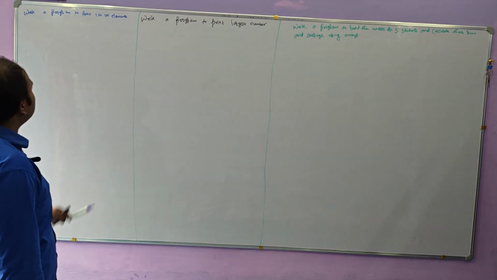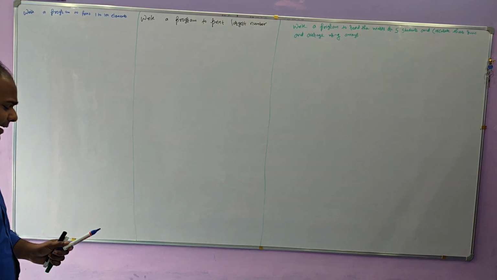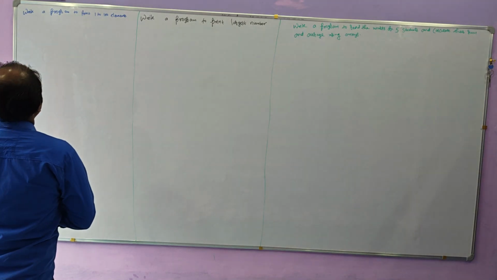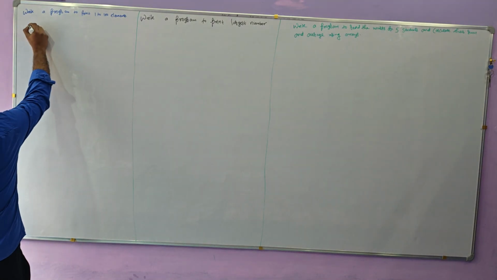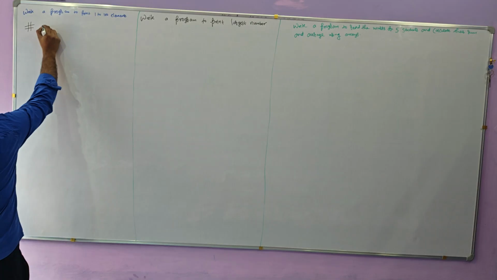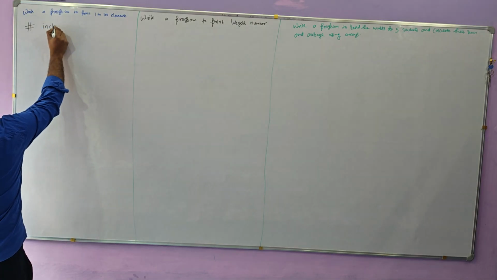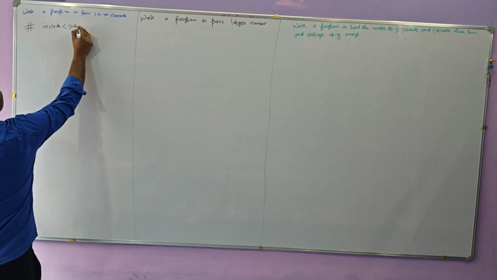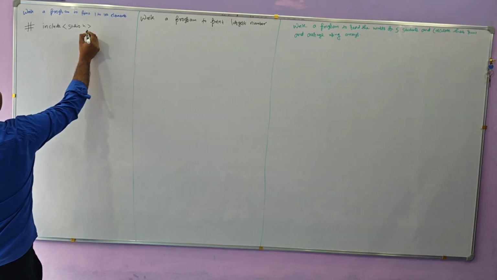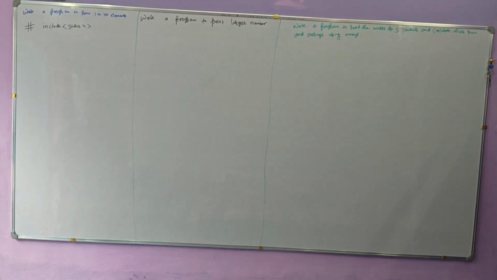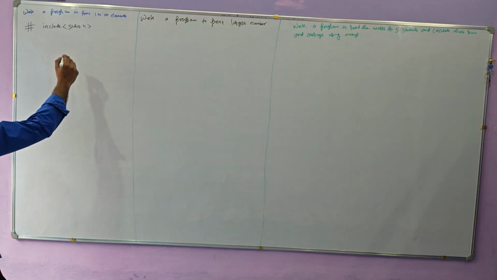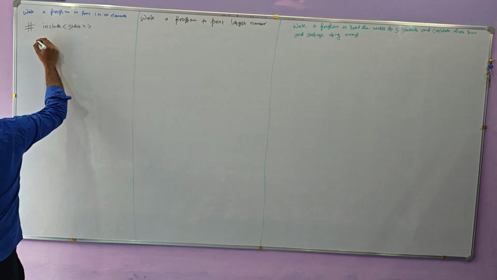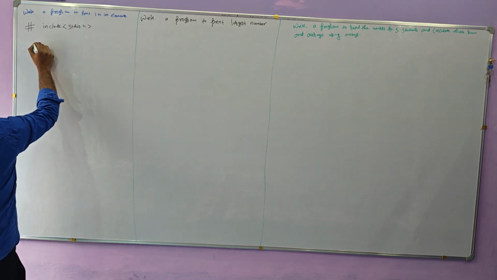So, firstly we discuss a program to print 1 to 100 elements. And we all know there is a header file to include, stdio.h, and in some cases conio.h. It doesn't matter, include stdio.h and include conio.h.